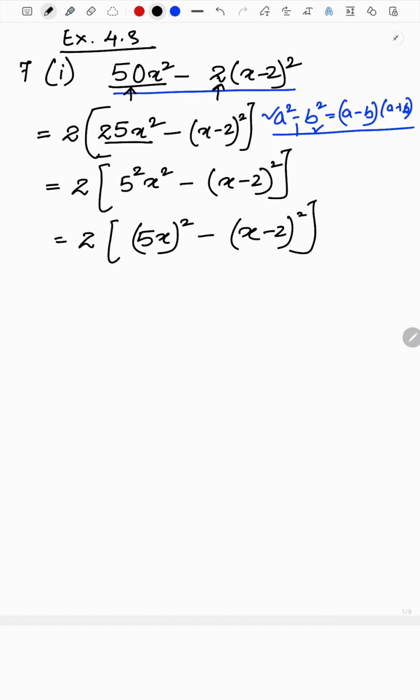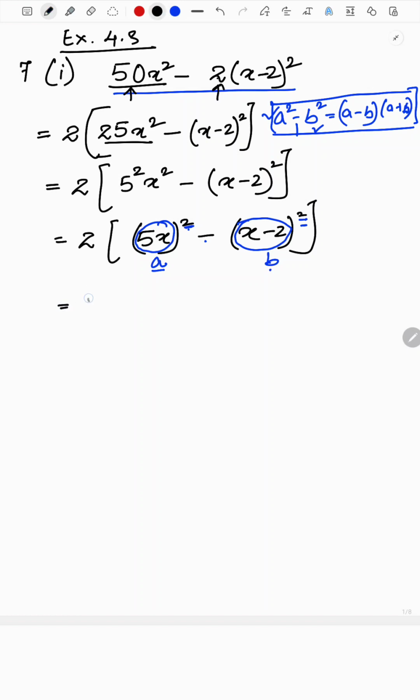So now you can easily see that 5x can be considered as a, and here I have a square. x minus 2 can be considered as b, and I have b square here. So now I get a square minus b square, which is in the form of this formula that we have been doing since the last video.